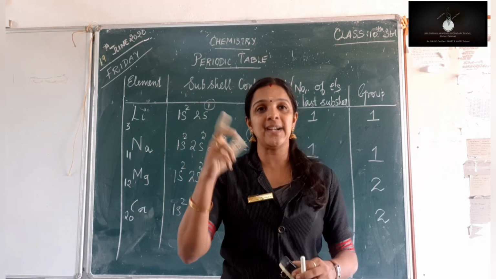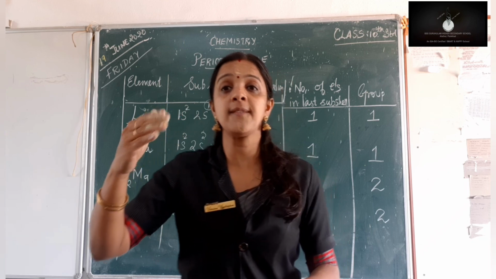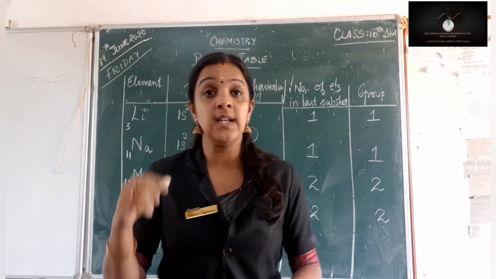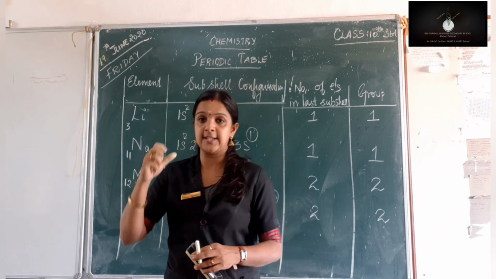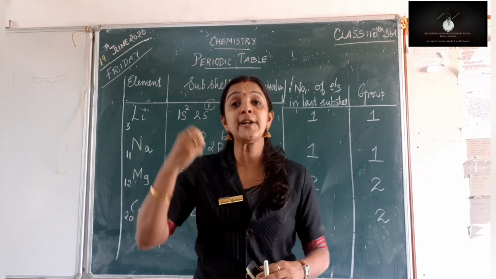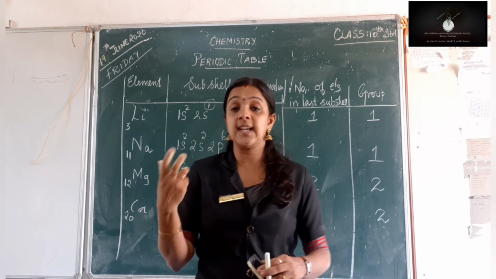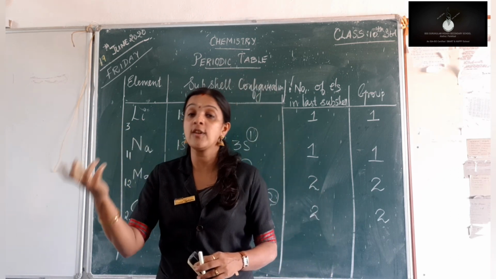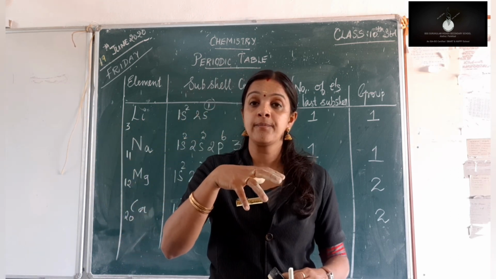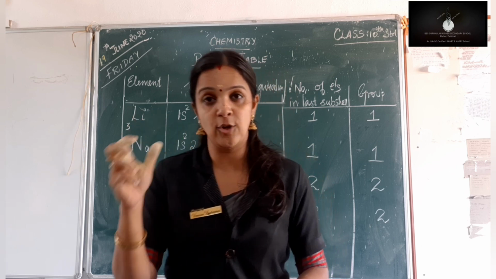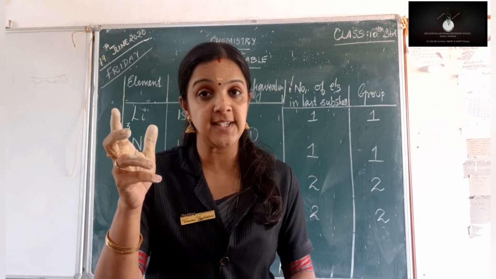So when I say metals, you must have learned in your lower classes, metals lose electrons. Am I right? They donate electrons. So when they donate electrons, they become a cation or an anion? Yes, they become a cation. They become positively charged.